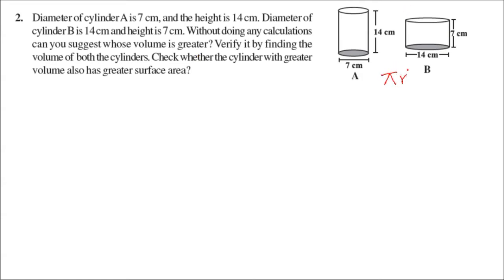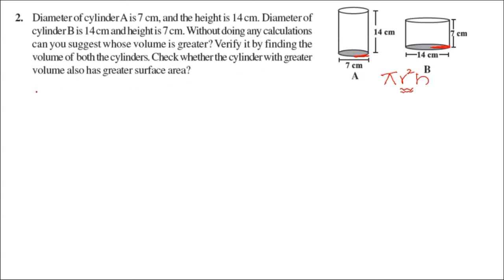Here the thing to be observed is that the radius is squared. When the radius is just 3.5, that is 7 by 2, when you square it, it will not be as large as when you take 7 into 7. So the volume of B will be larger. So let's try finding the volume of both cylinder A and cylinder B.